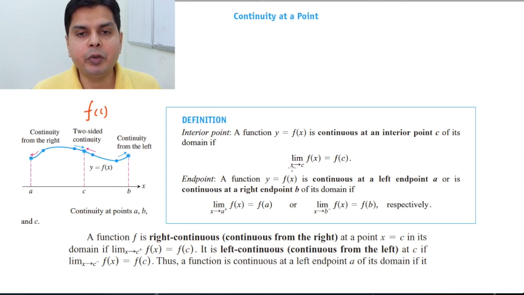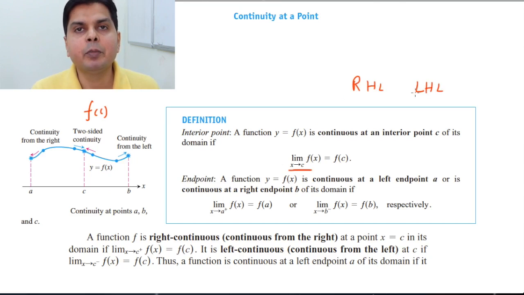For the limit to exist, we saw in the previous lecture that the limit of a function will exist at a point if and only if the right hand limit and left hand limit both exist and both are equal, that is, the limit as x tends to c plus, the right hand limit of f(x), is equal to the limit as x tends to c minus, the left hand limit.